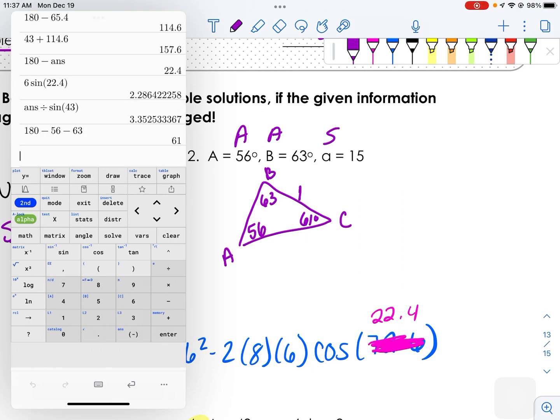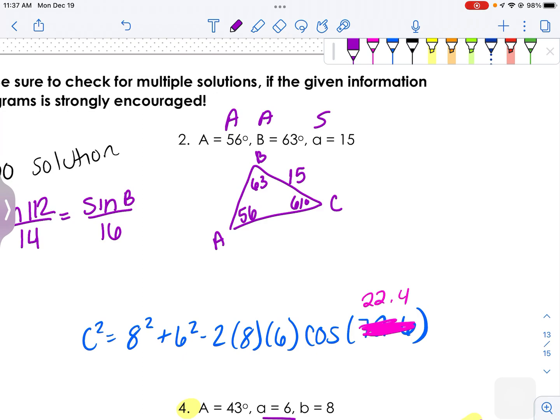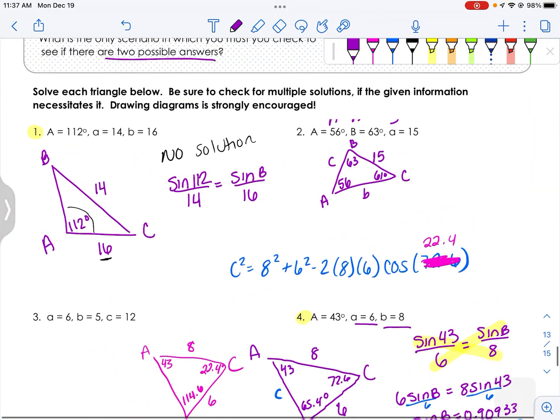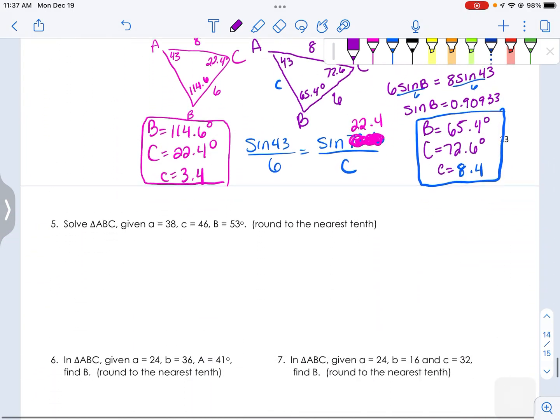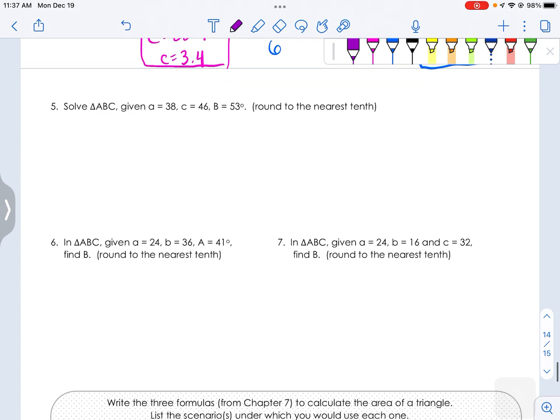And then you're given side A is 15. So you could use a combination of law of sines to figure out the other sides. Solving a triangle means to find all of the missing sides and angles.